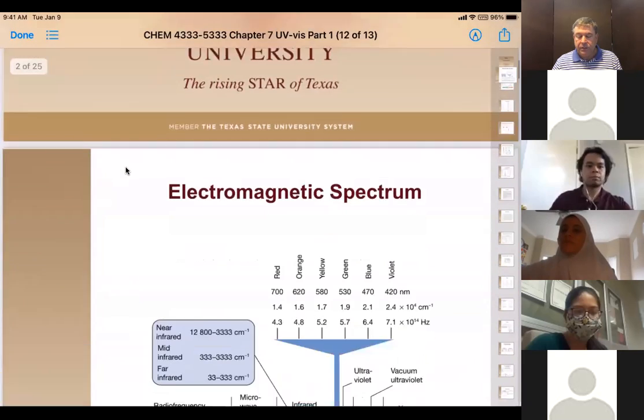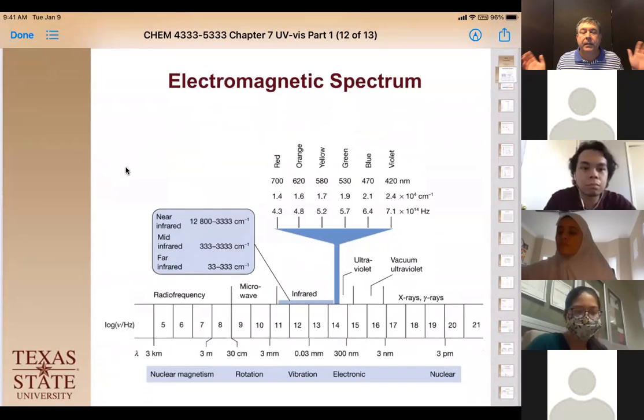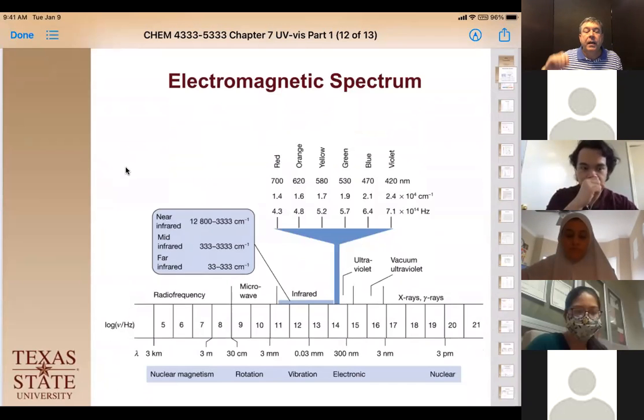Okay, so a lot about spectroscopy is dealing with this electromagnetic spectrum, right? So we started with infrared spectroscopy and looking at how that amount of energy could be absorbed by specific bond types and cause them to vibrate. And when they did this, we could actually identify different types of bonds. And then if you put the different types of bonds together, you can start getting an idea about functional groups.